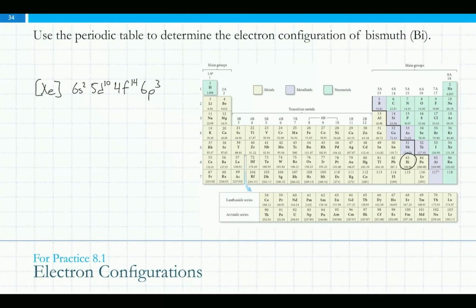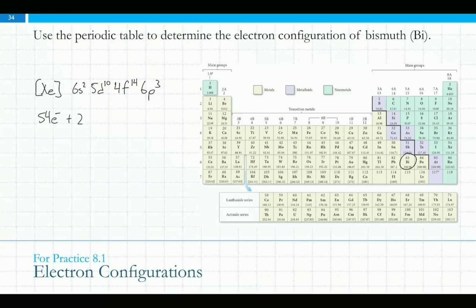And then you can always double check, because for the ground state, I should have the same number of electrons as I have protons. So bismuth should have 83 protons, or sorry, 83 electrons. So I took a shortcut, but xenon, all of its electrons should be 54. So this xenon here represents 54 electrons.